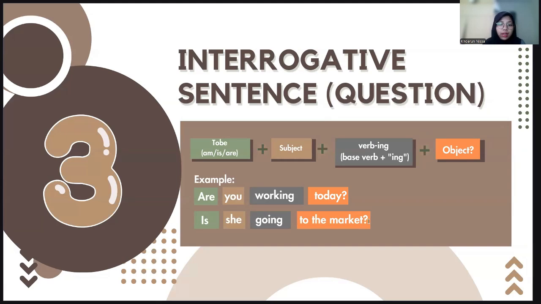We have formula to be plus subject plus verb ing plus object. For example, are you working today? Is she going to the market? Same like before, I use the same color to make it easier. I think that's clear.